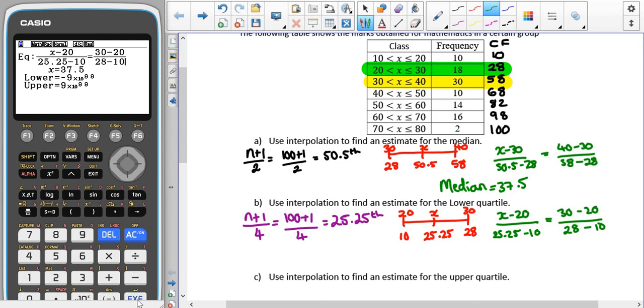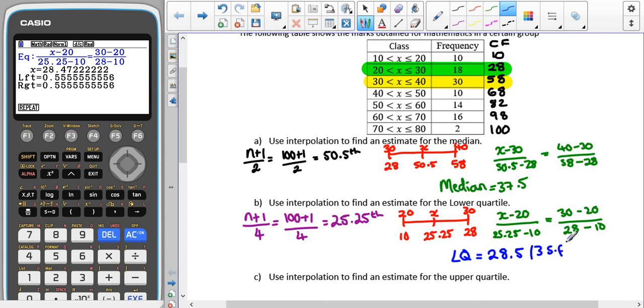And remember again that you have to click the XE button twice. And also in statistics, we round things to 3 significant figures where applicable, unless told otherwise. So in this case, our lower quartile is going to be 28.5 to 3 significant figures.